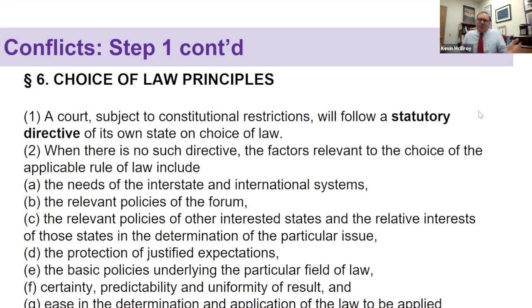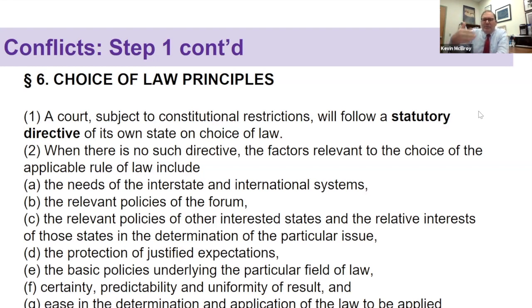They just sort of shrug their shoulders and don't have a very strong stance as indicated by their constitution, by their statutory laws, or even by their common law to a certain extent. Okay? So you would compare that. All right. The protection of justified expectations.